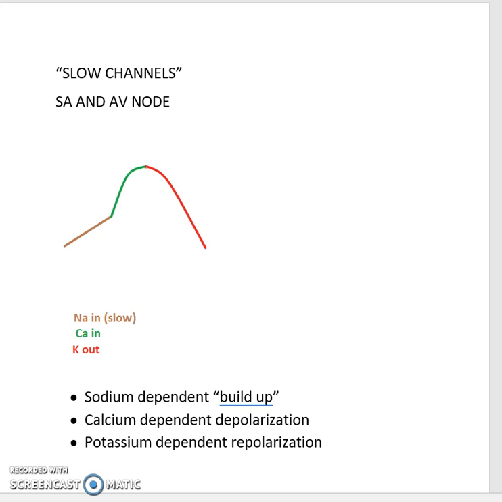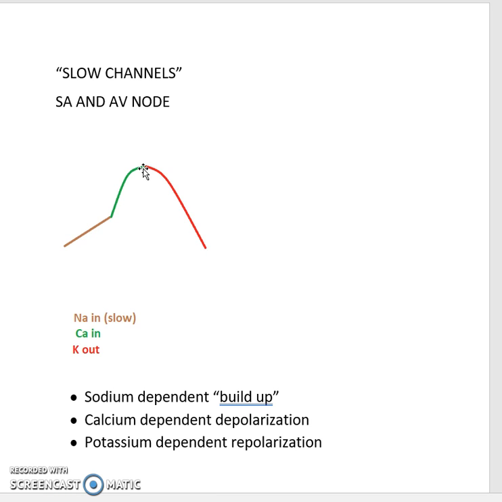They are called slow channels because depolarization is dependent upon calcium, which enters cells a lot slower than sodium does. In fact, you can see it on the phase 0 here, which is the depolarization phase, which isn't a straight line up, but a curve.